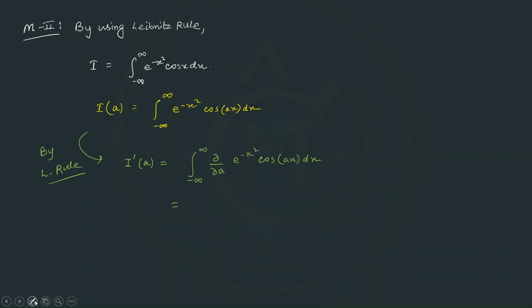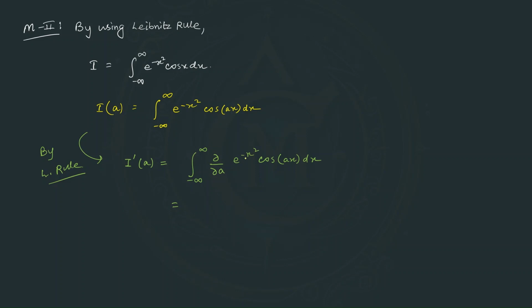Now what was the purpose of this? Because if we are partially differentiating this function with respect to a, then we will get an extra x term here in front of this e to the power minus x square. Then we can club those two terms, and then e to the power minus x square times x will be easily integrable.